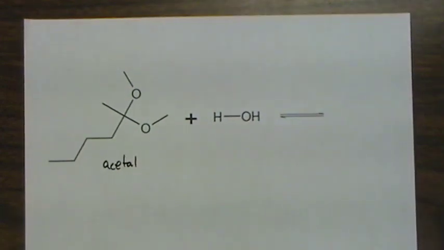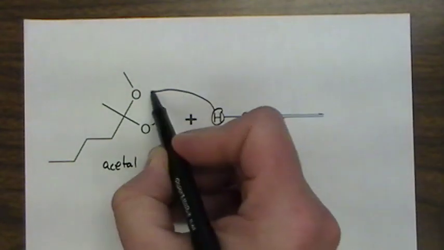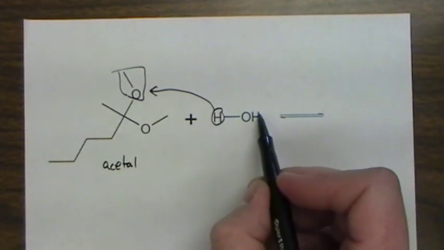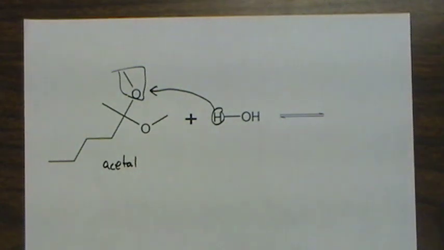So like we often do, we'll create the structure and then we break it apart. So one of the hydrogens goes off with an alkoxy group. The other OH group, make sure I got this here.